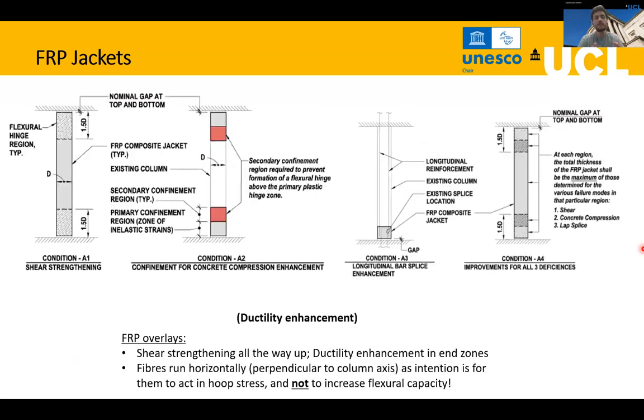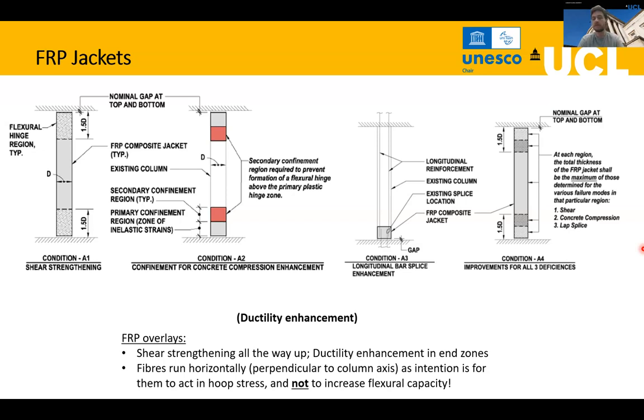But the important thing in here is to consider the type of behavior of this material. You can do FRP jacketing and any type of jacketing, but the advantage of the FRP is that you can also install it in different sections of the column, depending on if you want, for example, to confine the concrete for axial capacity, or if you want to retrofit only because of a problem of bar splice encasement, and in that case you will only add the FRP jacketing in the particular part of the bar splice, or you can improve all the columns in different regions of the column.